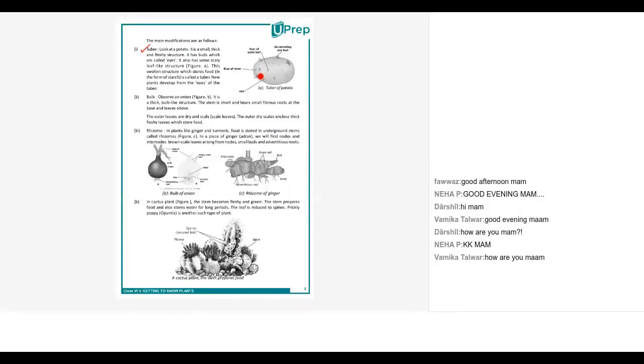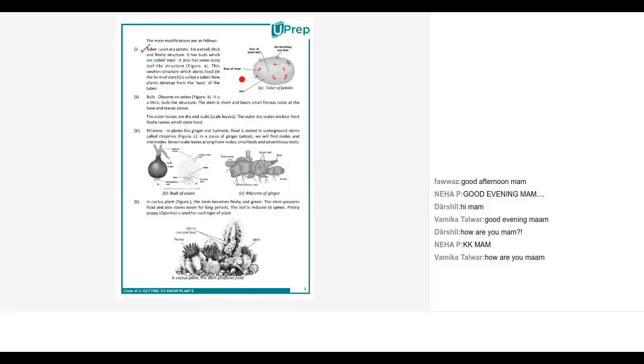And as I said, the place from where the buds come out is called the eyes. Smaller, bigger, all kinds of sizes you will get, but it will be a little kind of an inverted C. It also has some scale leaf-like structure. This swollen structure that stores food, which is mainly starch and water, is called the tuber. So an example for a tuber would be potato.